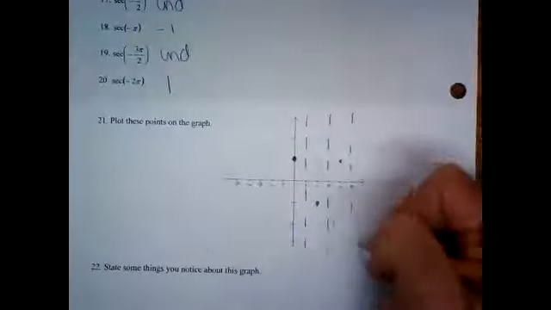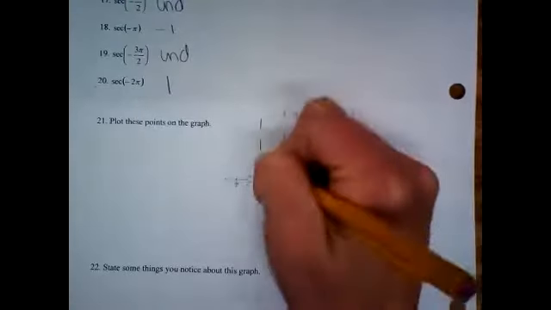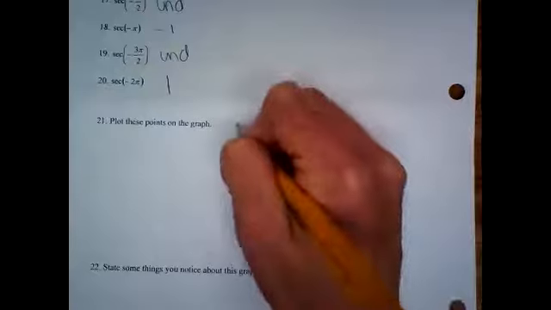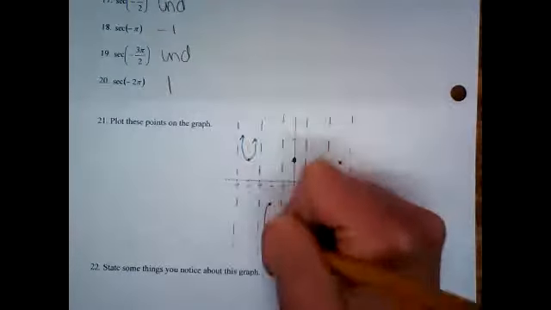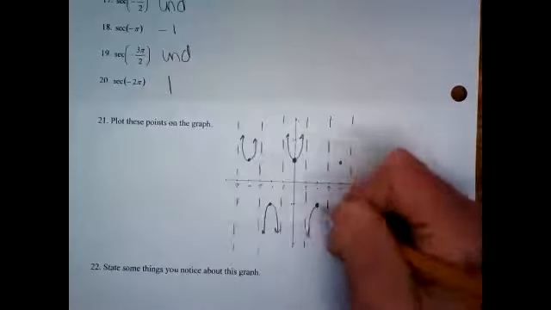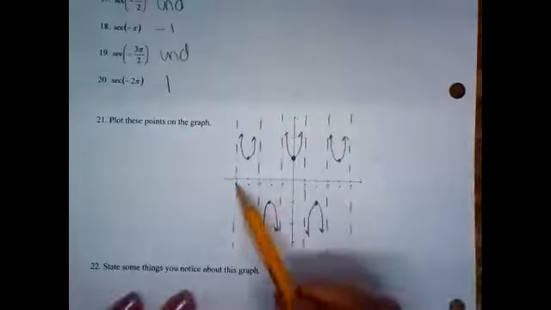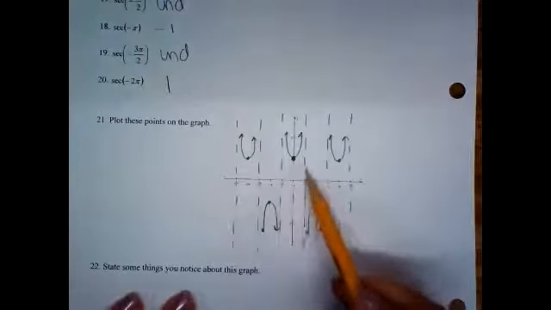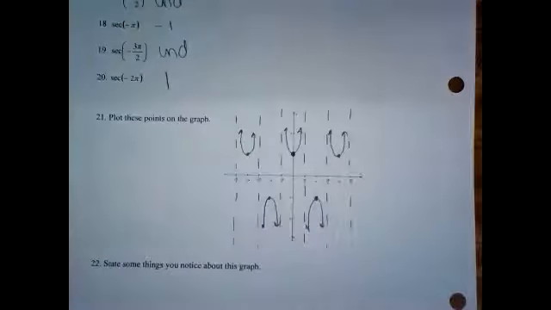You can fill in the whole space. And then you get all these like smiley faces and frowny faces. I'm not going to draw it in on this one, but if I were to draw in this wave connecting those points, that would be the graph of cosine. It's like you turned cosine inside out.